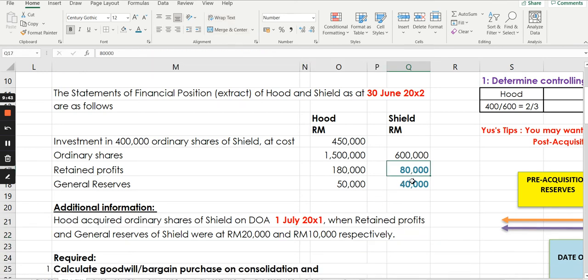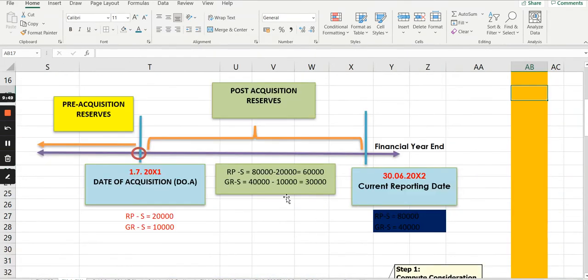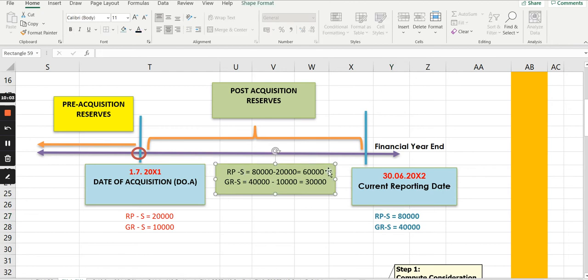I have drawn the diagram for you. If you compare 20,000 with 80,000, you can see there is an increase of 60,000. That 60,000 increase is actually post-acquisition reserve.